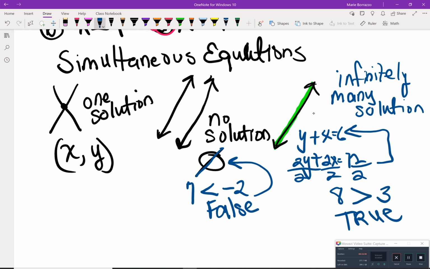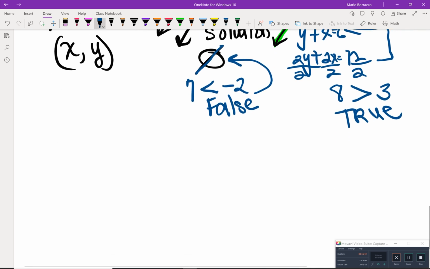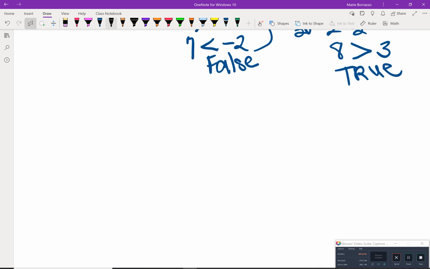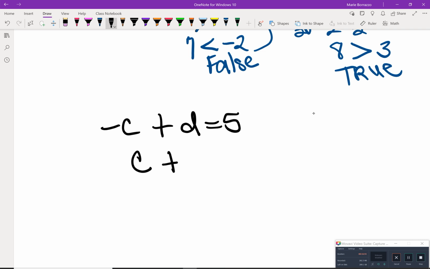All right, so let's take a look at an example that they give you here in the text. They give you -c plus d is equal to 5. They give you c plus 2d is equal to 13.